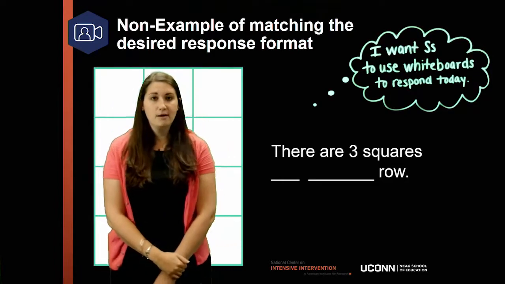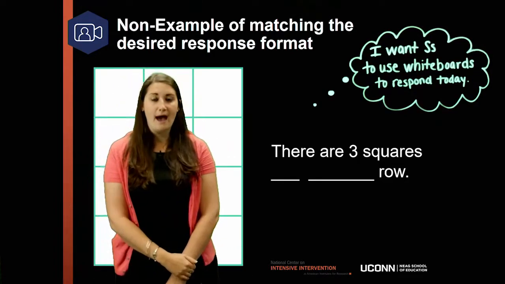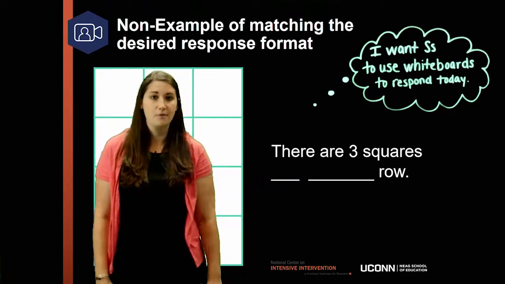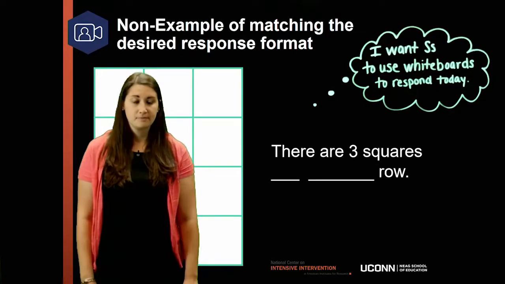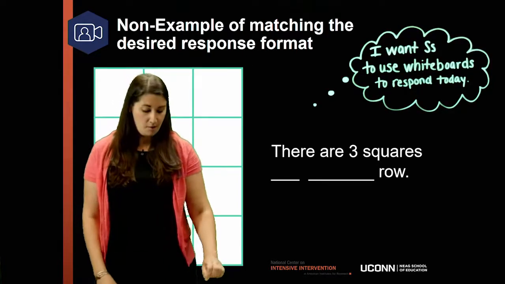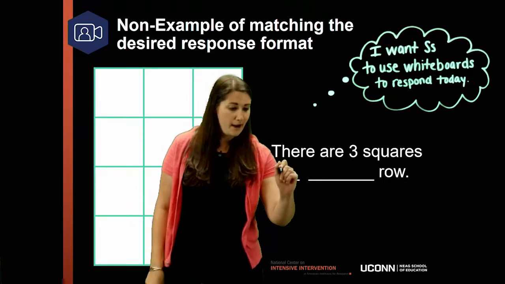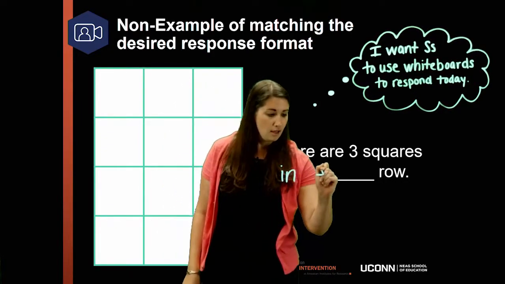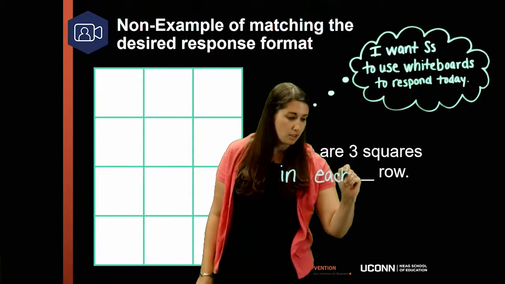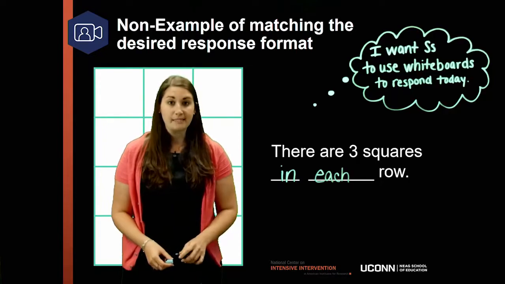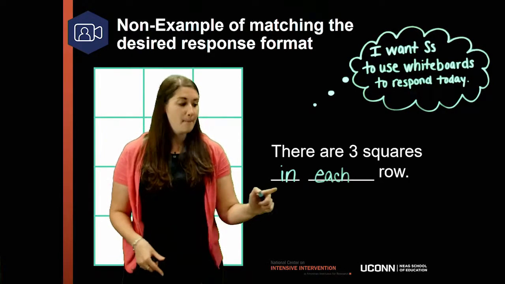All right, now everyone please write down what you said in your conversations in the blank spaces in your notebook. All right, let's bring it back together. You should have written down there are 3 squares in each row. If you didn't write that down, please erase what you had and write down my answer that's on the board.